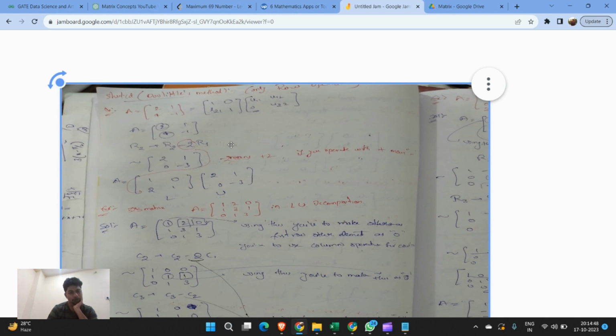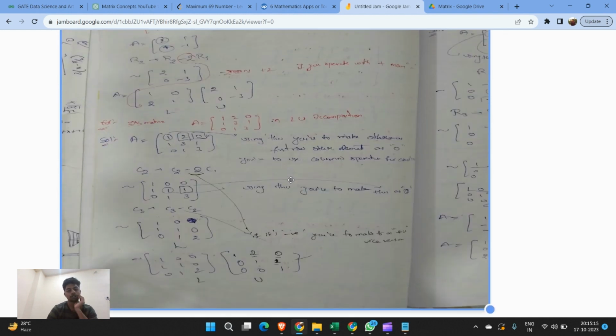By performing some row operations, like R2 minus 2 into R1, so this element becomes 0, and it will be in this format. And by default, these 1, 1, 0, you already know, you don't need to change anything. L21 is whatever operations you did, with the opposite sign. So here you got the value. The U matrix you already got here, so apply it here.